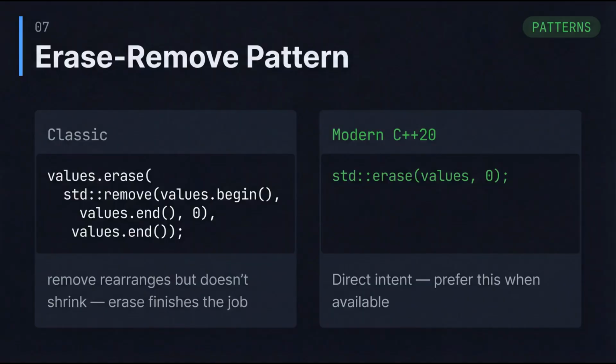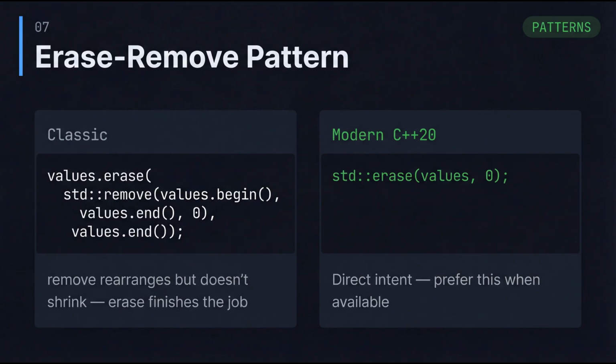Here's a classic gotcha. The std::remove algorithm doesn't actually remove elements from a container. It rearranges the elements so the ones to keep are at the front, and returns an iterator to the new logical end. The leftover elements at the back are still there. You need to call erase on the container to actually shrink it.